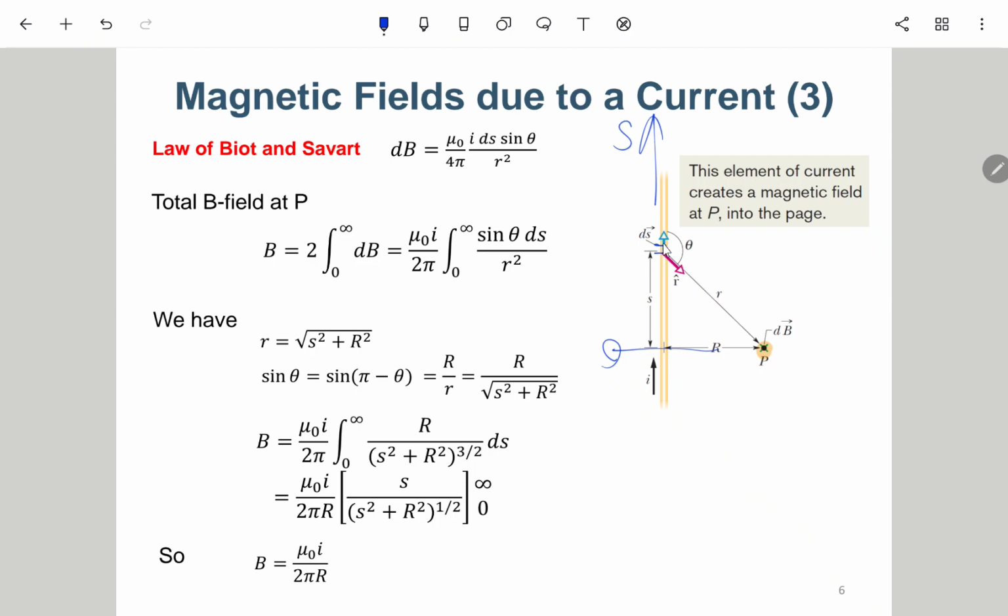So r is from this ds to this point P. This is S, from 0 to this point S, and this is R, the perpendicular distance from the wire to the point we are concerned with. This is a right-angle triangle, so we have r equals the square root of S squared plus capital R squared.